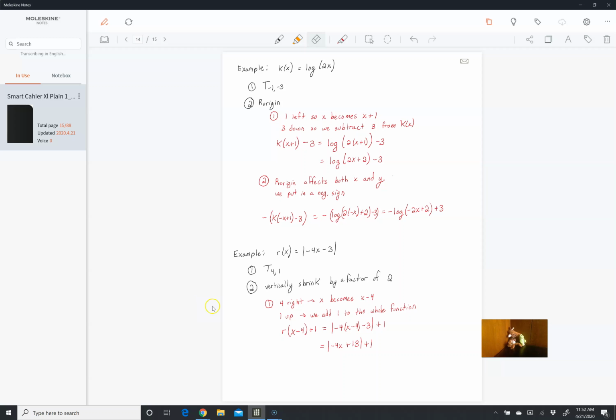I'm taking out the algebra in the middle. Negative 4 times negative 4 is positive 16. We subtract 3. That gives us a positive 13. And then plus 1. Vertical shrink says we affect y and we divide.